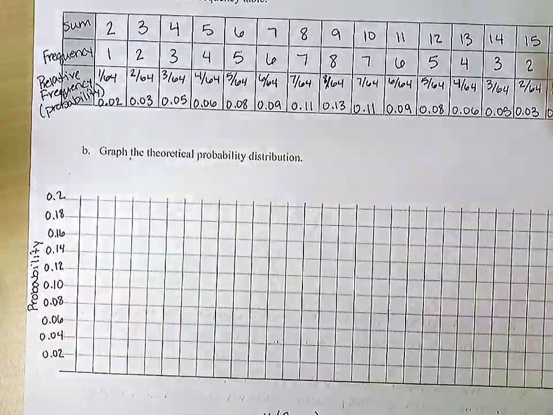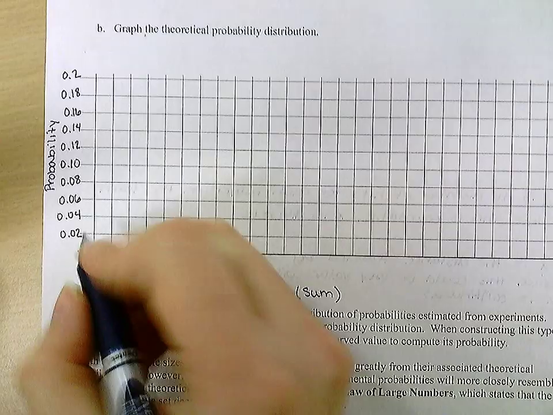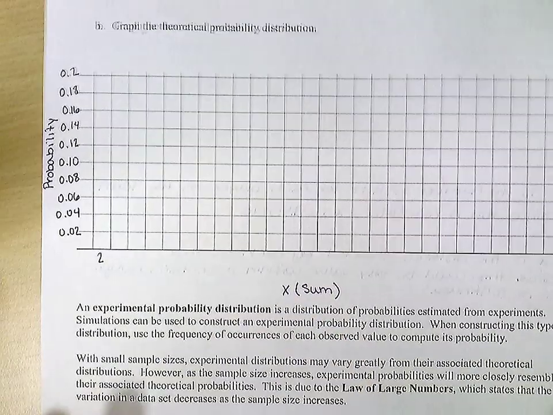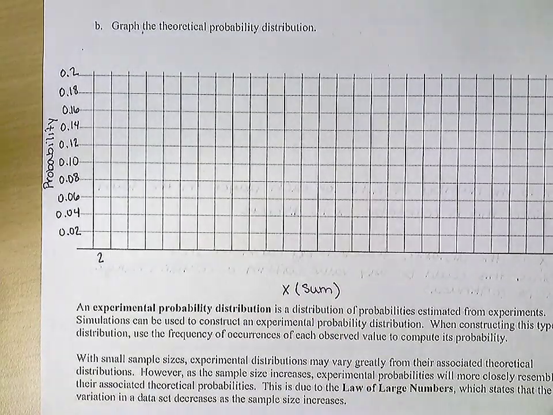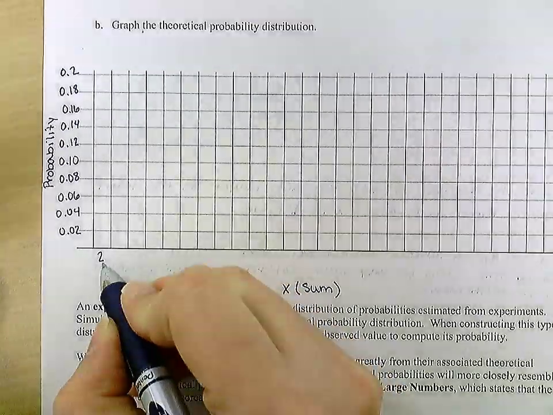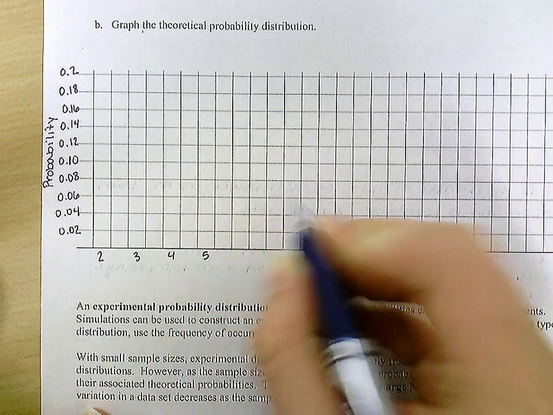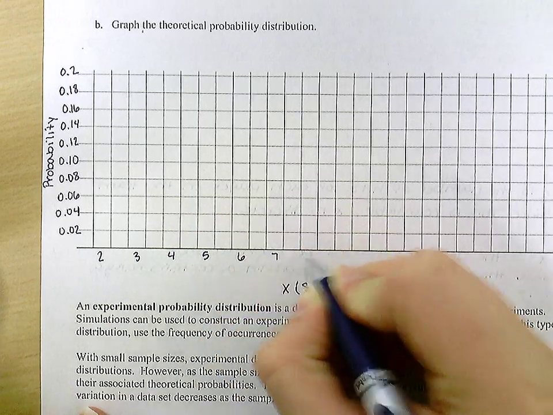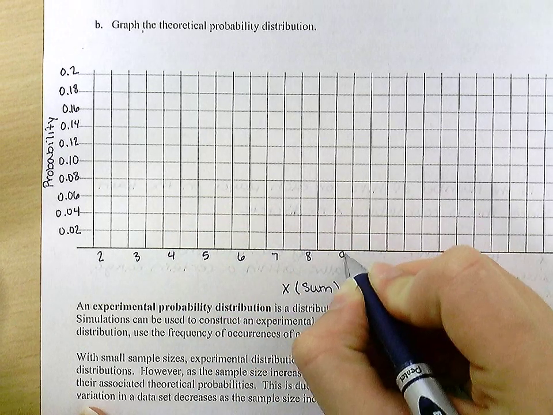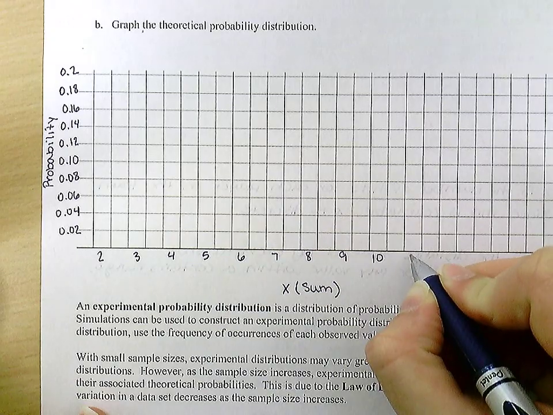Now with your x values, that's your sum. So I am starting with a sum of 2. I can write 2 here. Since I have a lot of room on that x-axis, I'm going to skip one each time. So I have 2, 3, 4, 5, 6, 7, 8, 9, 10.